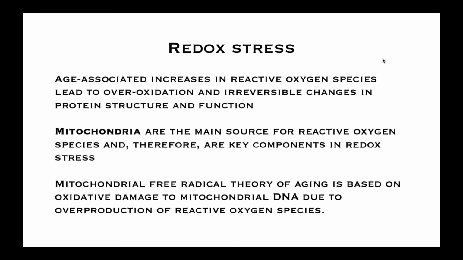And again, that has to do with the fact that the mitochondria is the muscle of your cell, and there is something called the mitochondrial free radical theory of aging, which means that if you want to decrease your oxidative stress, you need to somehow decrease your mitochondrial activity.